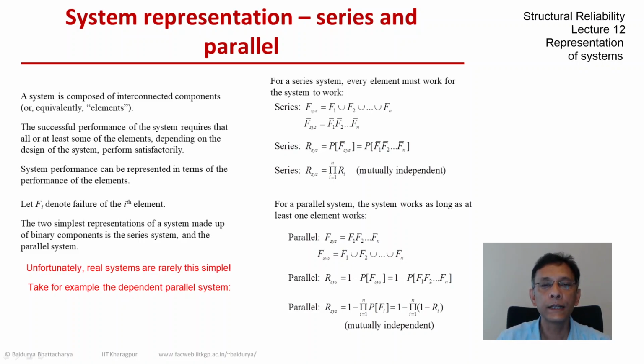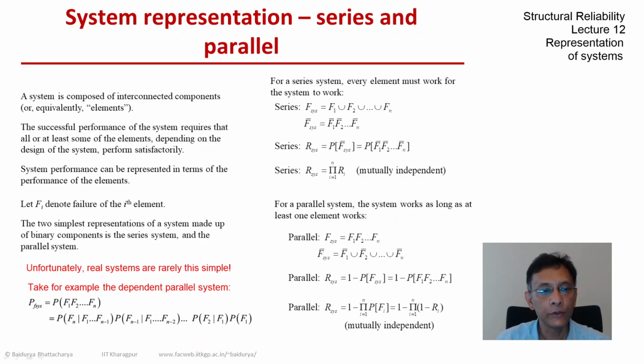So we can express the system failure probability as the product of the chain, where on the right you see P of F1 and then P of F2 given F1, and then F3 given F1, F2, and so on, all the way up to P of Fn given F1 intersection F2 all the way up to Fn minus 1. Now, if they were mutually independent, then this would simply be the product of all the individual failure probabilities.